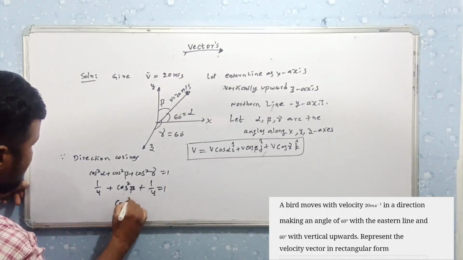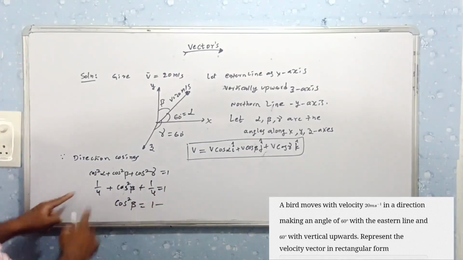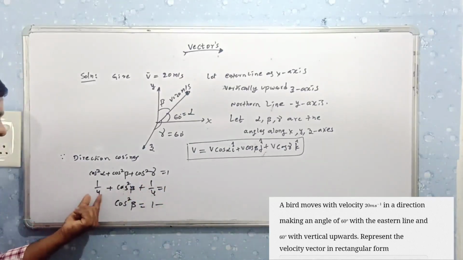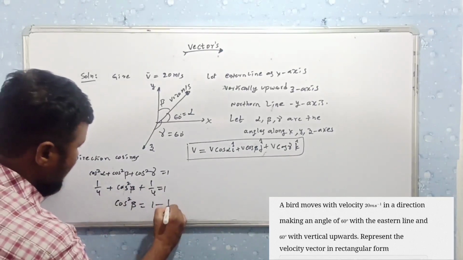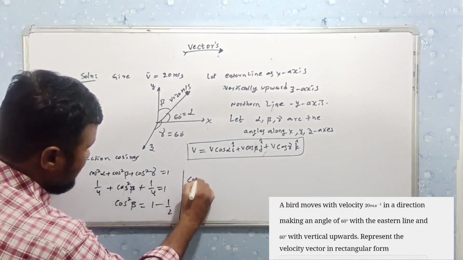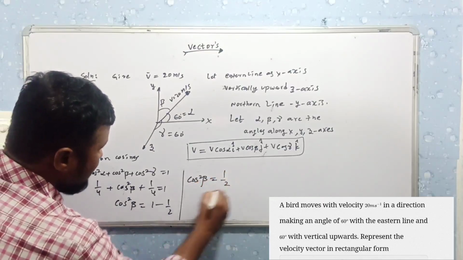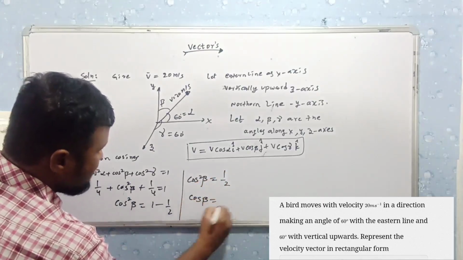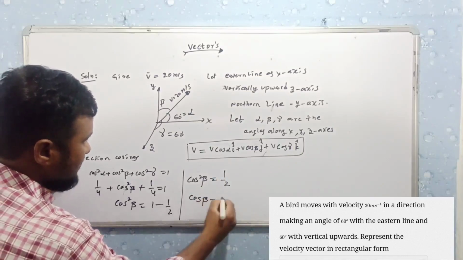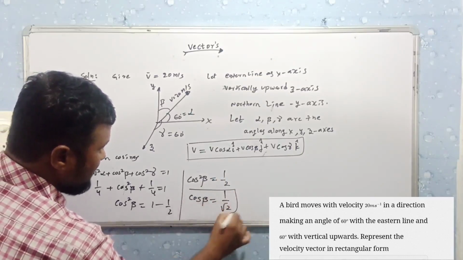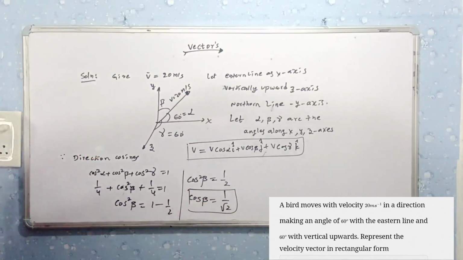So from this cos square beta is equal to 1 minus 1 by 4 plus 1 by 4, taking LCM, 1 by 2, 1 minus 1 by 2. So cos square beta is equal to 1 by 2, or cos beta is equal to 1 by root 2. Now I know what cos beta is also.